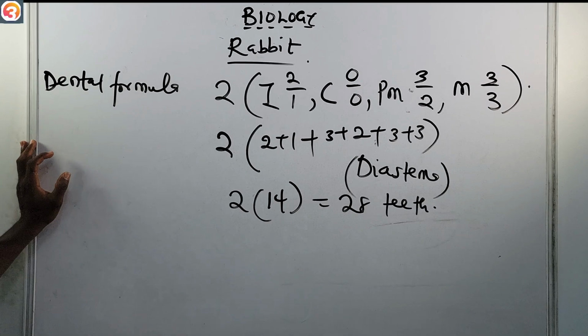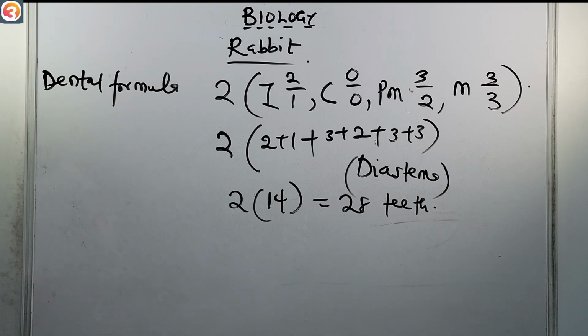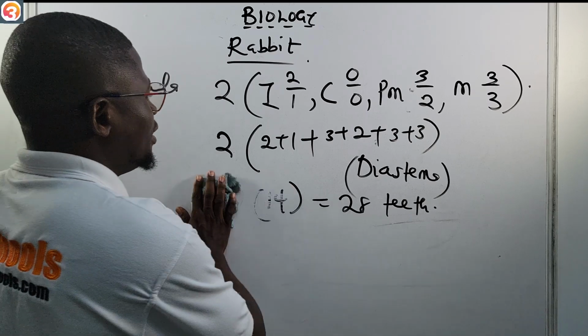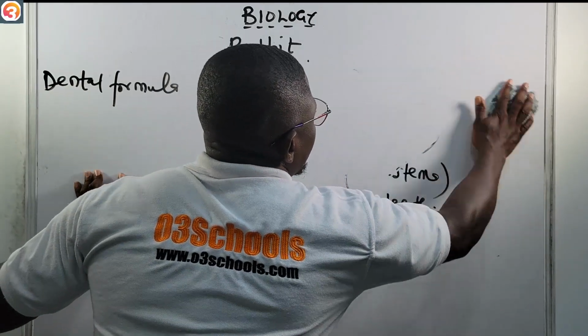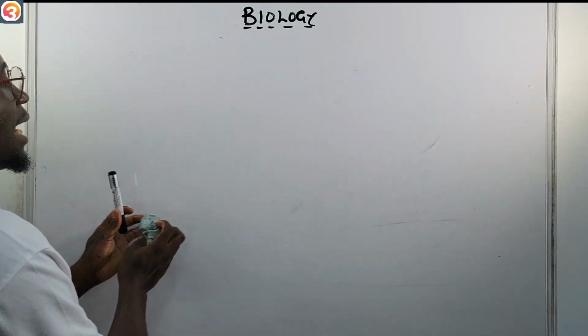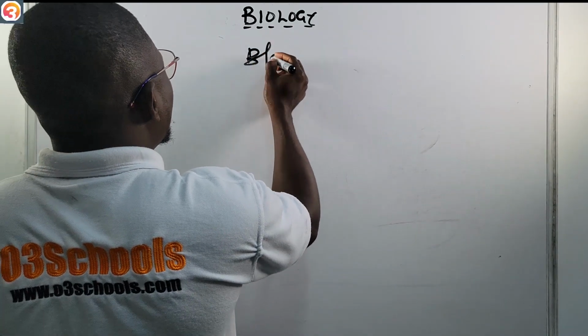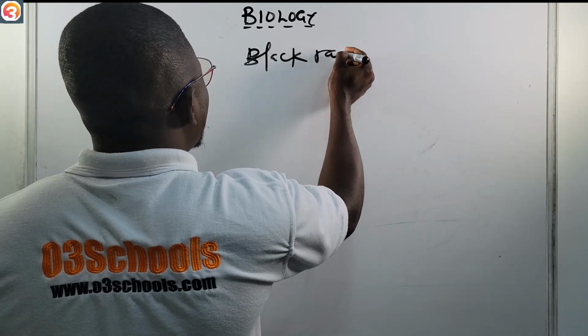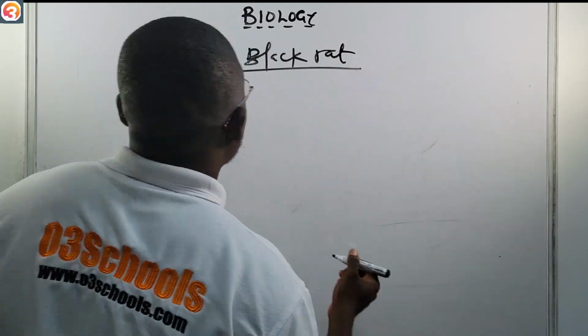Now, let's talk about the black rat. There are some rats that are very, very black. This is a species of rat called the black rat.